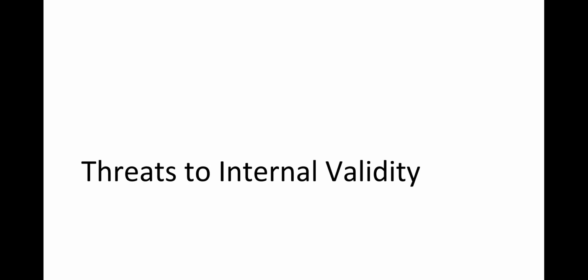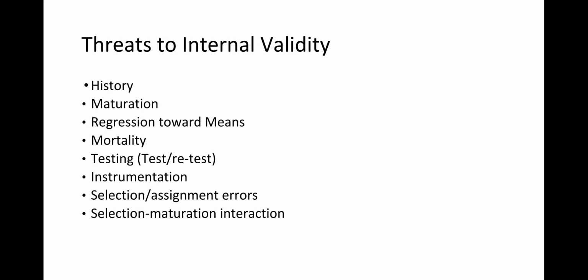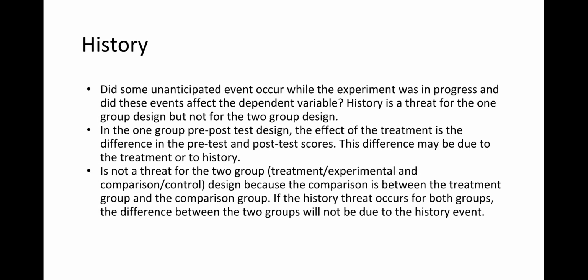The more important thing in this class is that we will talk about threats to internal validity, right? There are several: history, maturation, regression toward the mean, mortality, testing effect, instrumentation, selection bias, or selection-maturation interaction, etc., right? So let's talk about the history effect.